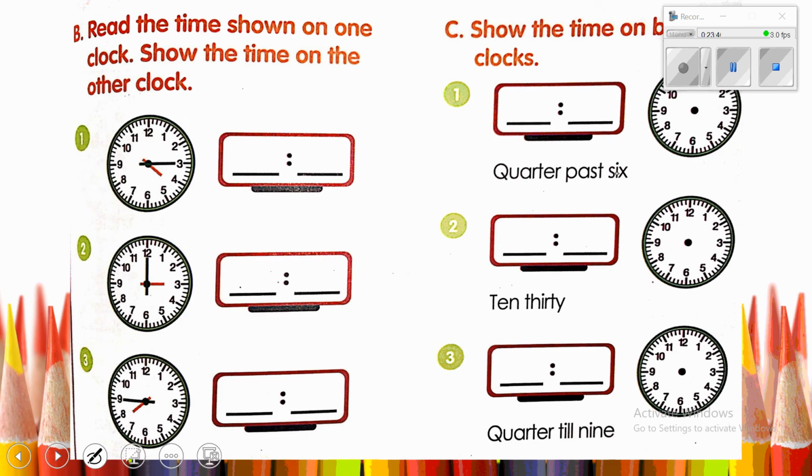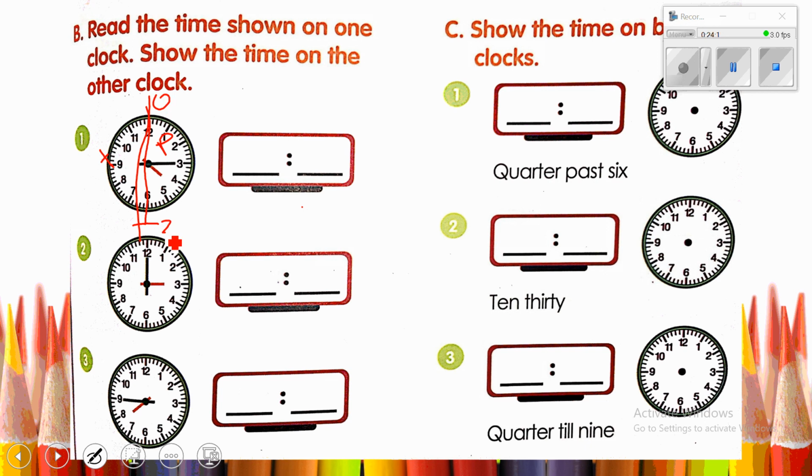Here it says read the time shown on the clock, and show the time on the other clock. So we have the analog clock and we have to write it with the digital clock. Before that, what do you have to remember? I drew a line, sorry for my line. Here is past. Here is to. How many minutes for 12? 0.